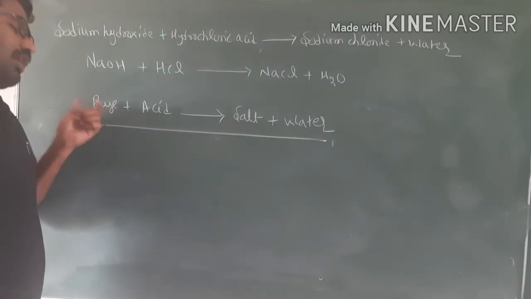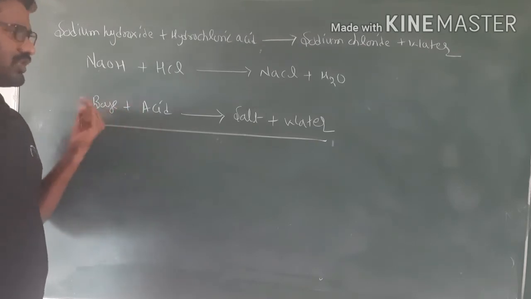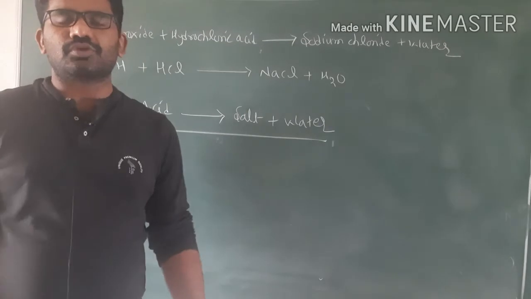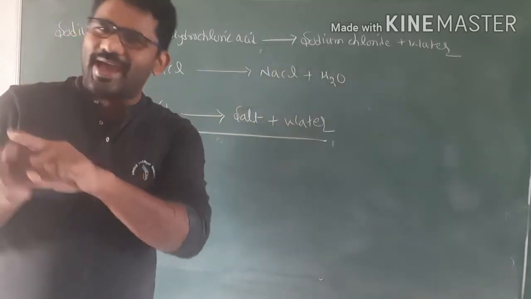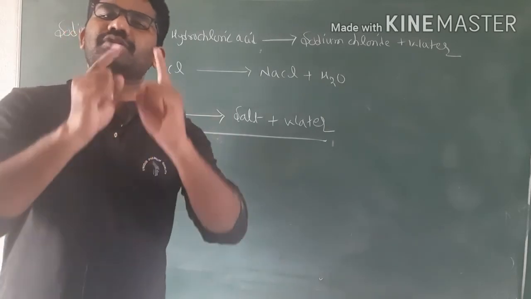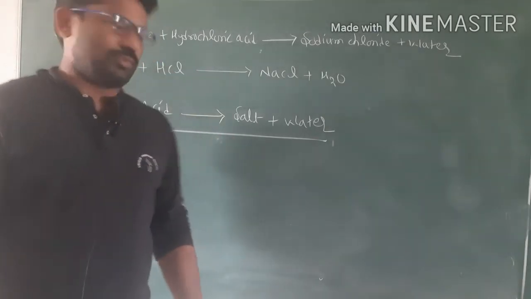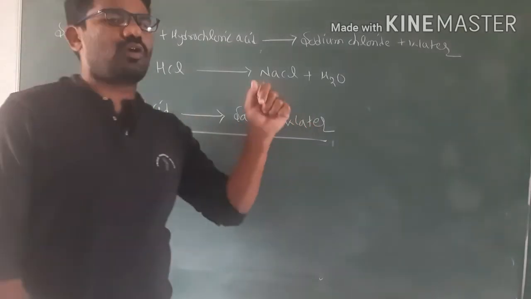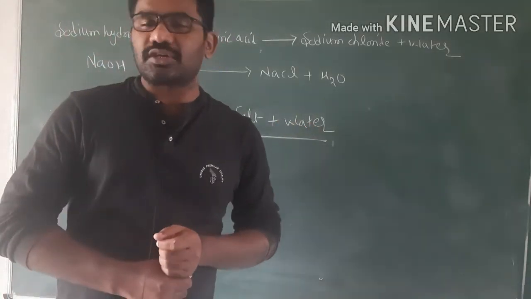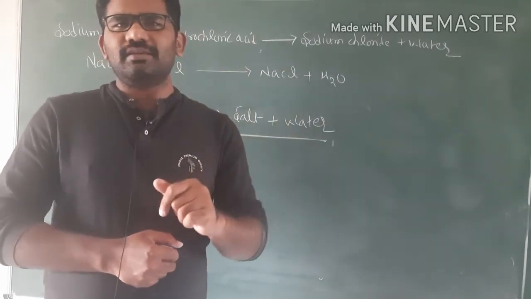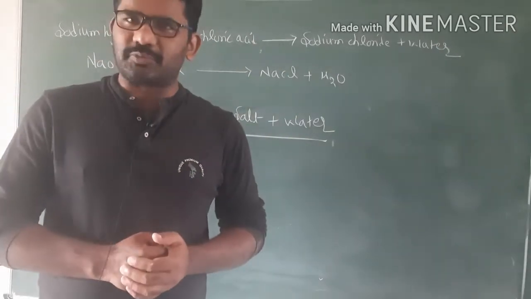When acid and base react together, they form salt and water. So the reaction between acid and base to form salt and water is called a neutralization reaction. Now let us perform the lab activity so that you can understand it much better.